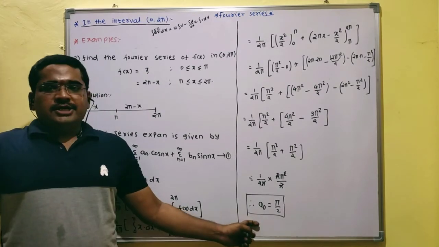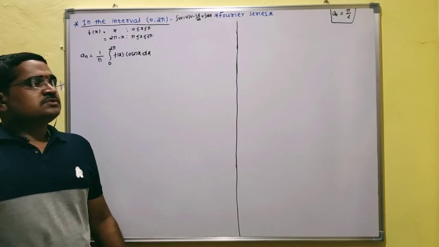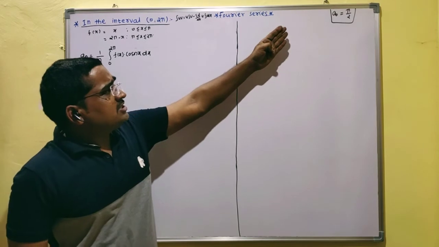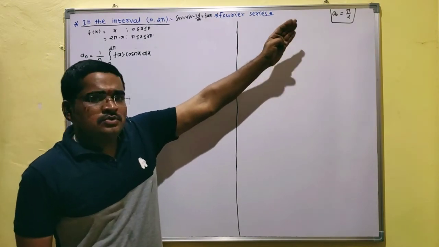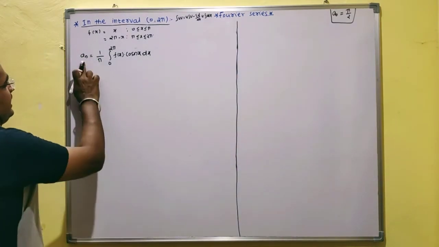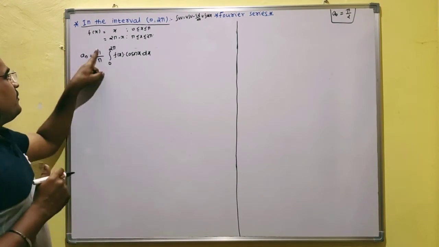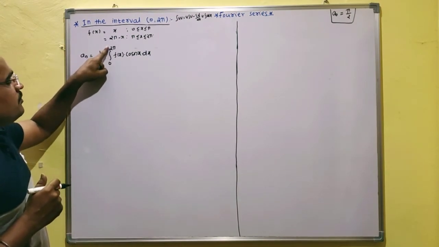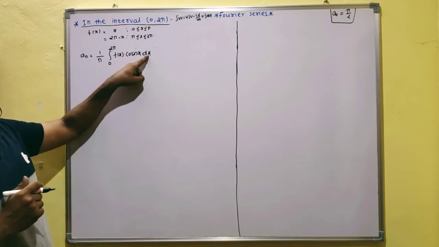Similarly we have to calculate a n. We calculated the value of a naught is equal to pi by 2. Now we have to calculate the value of a n, that is nothing but 1 upon pi integration 0 to 2 pi f of x into cos nx into dx, okay.